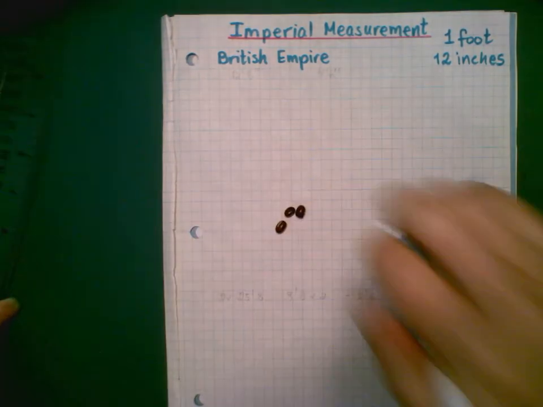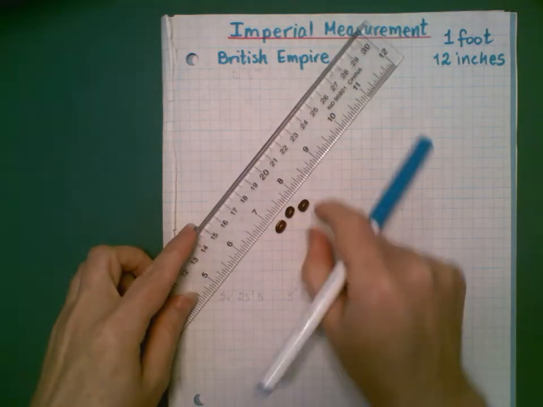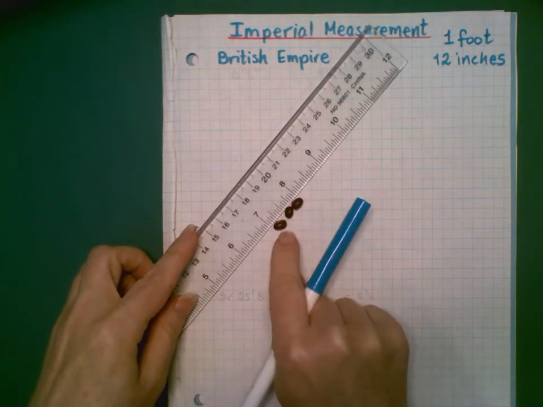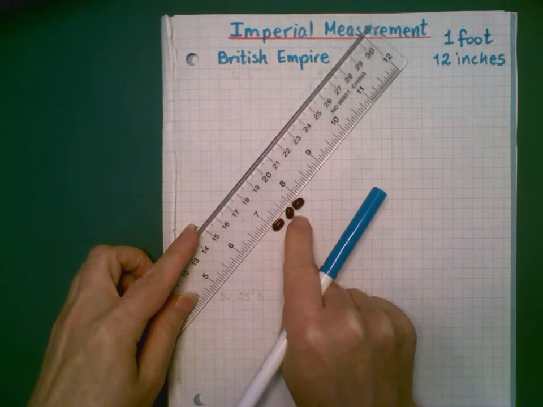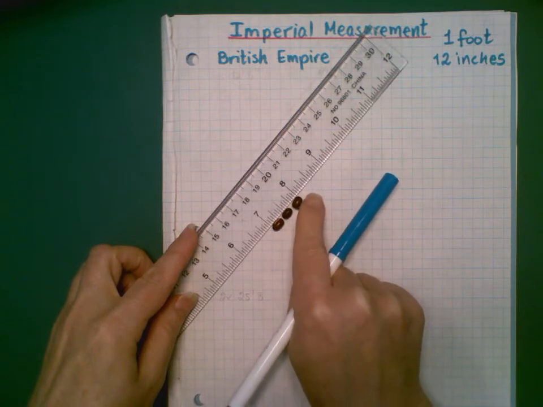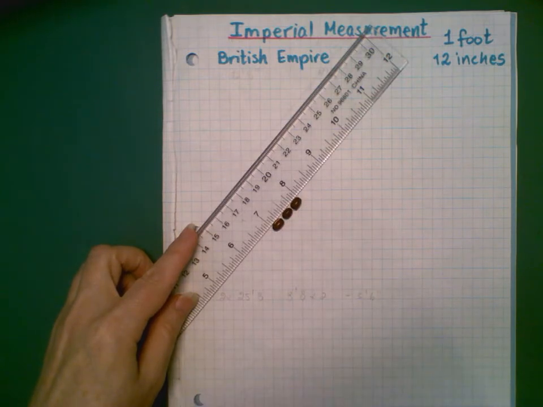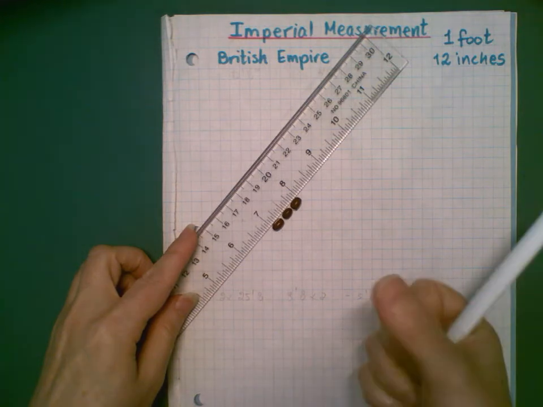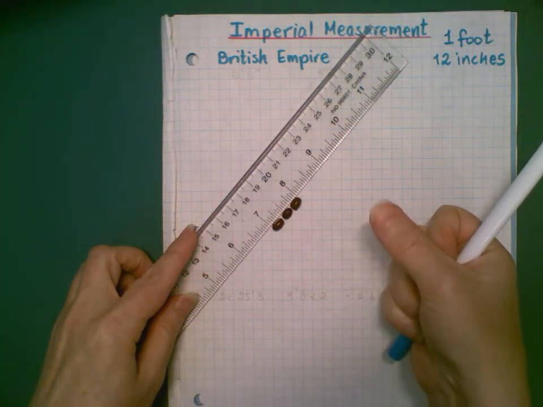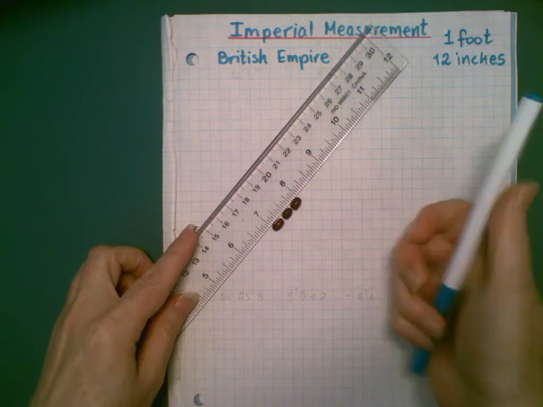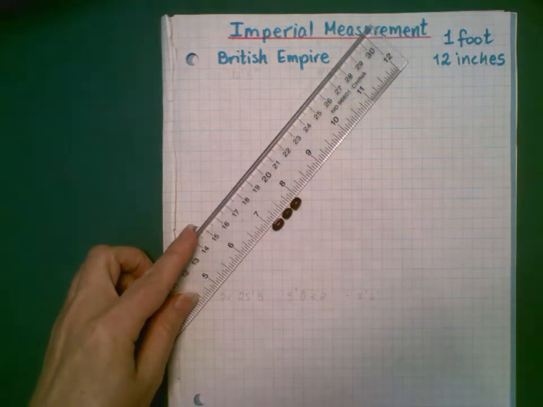Now, I'm not sure if you're wondering about these little beans, but one of the ways, starting about 500 years ago, that was used to define an inch, rather than using a thumb, because there's a great amount of variety in the size of people's thumbs, was to use 3 barley grains.